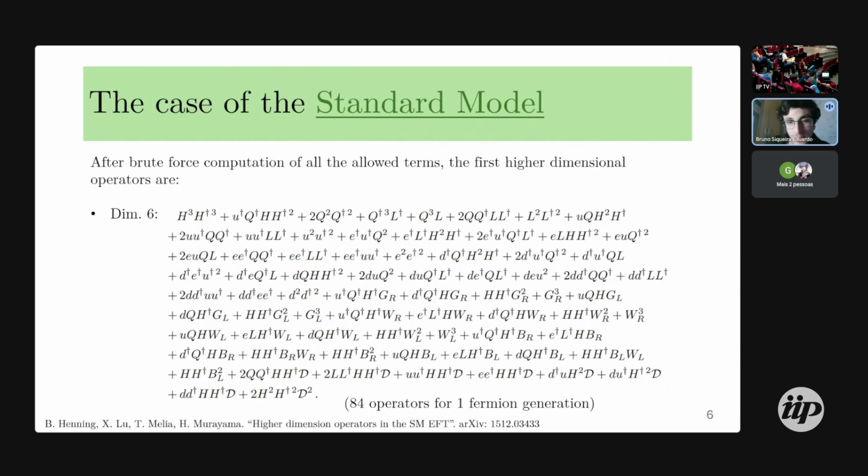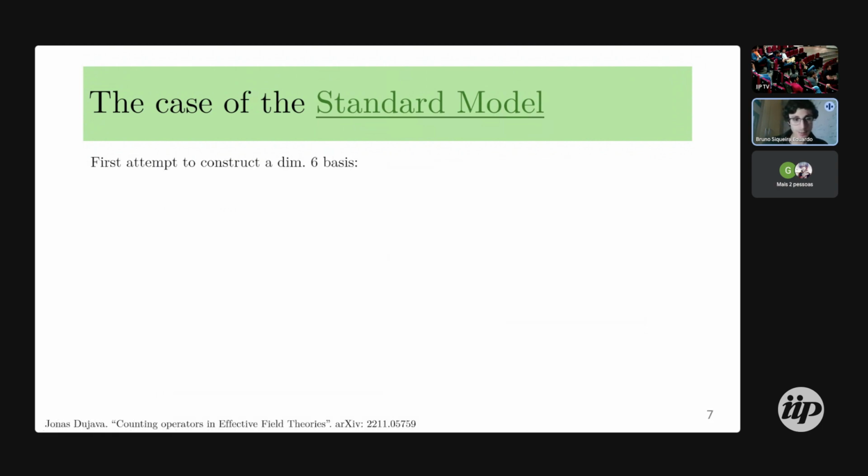Okay, so after dimension 5, you can go to dimension 6, effective operators, and there's a lot of them. So if you only consider one fermion generation, there are 84 operators, and it took a while for people to arrive in this basis, because the first attempt to construct this dimension 6 basis was by Buchmuller and Wyler in 86, and actually they found more operators, they found 80 operators, but their basis was neither complete nor independent.